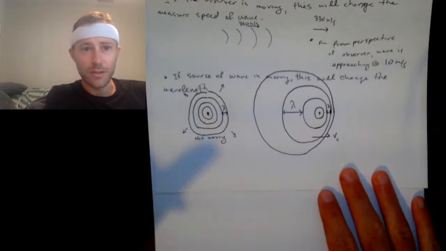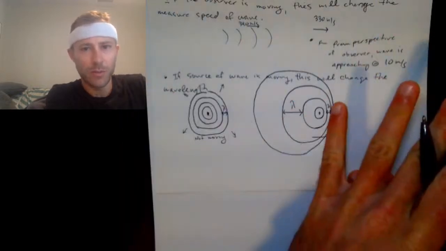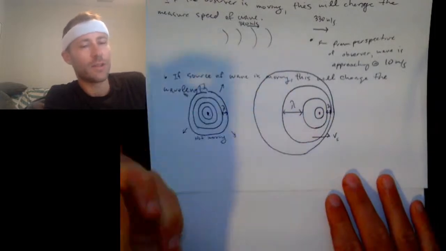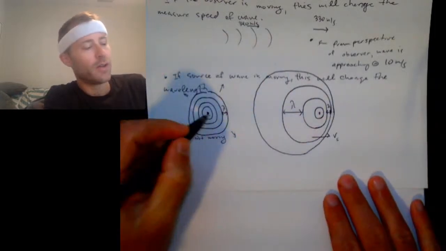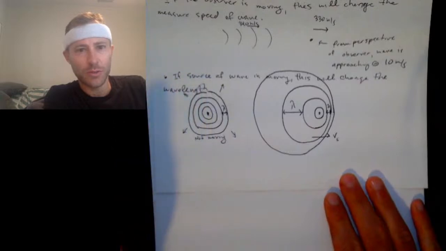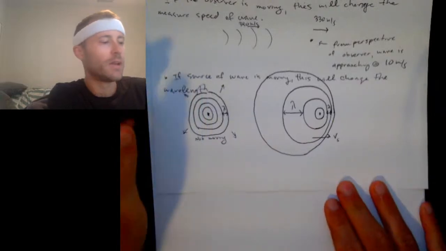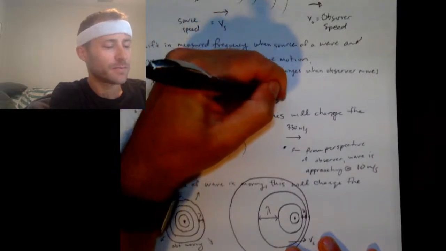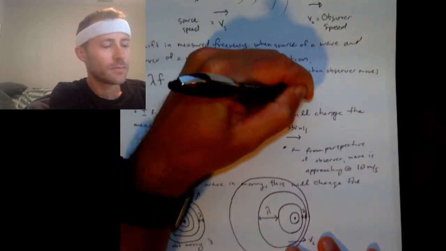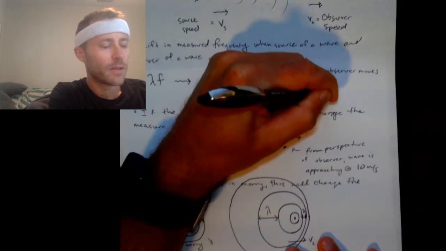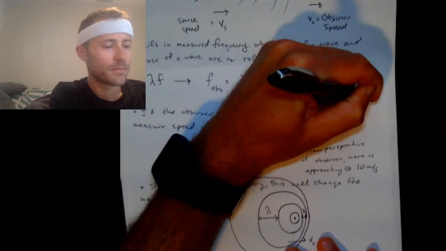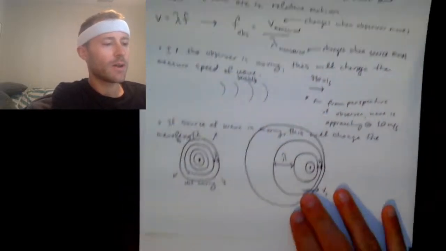So on the front side the wavelength is smaller, and on the back side the wavelength is longer than what we had in the case where the source is not moving at all. Okay, so the measured wavelength changes when the source moves.